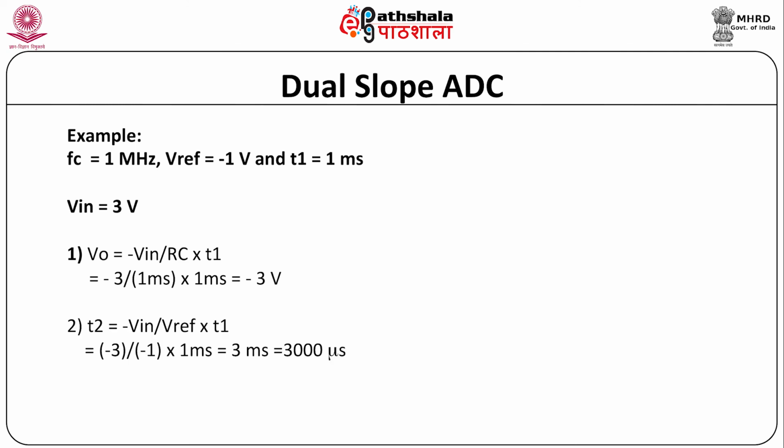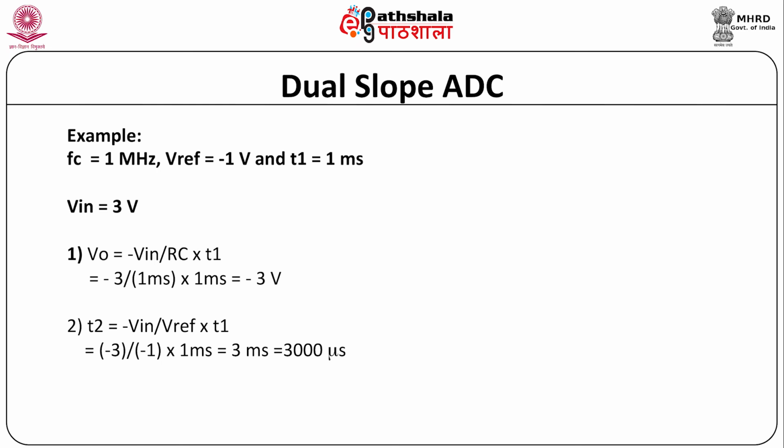During time period T2, the ramp generator will integrate from 0 volt. Then the period for counting will be given by T2 is equal to minus V in upon V reference into T1. Therefore, by substituting these values, we get T2 is equal to minus 3 upon minus 1 into 1 millisecond.